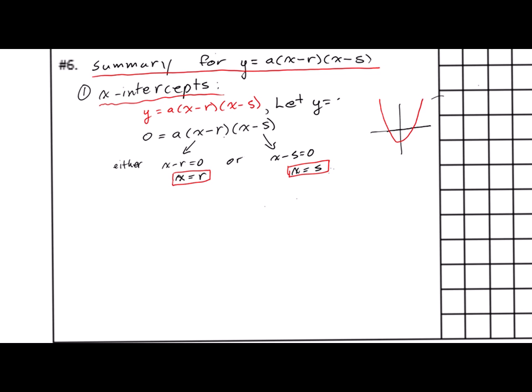Now, if you look to the right, I'm giving you an example in which our parabola opens up, and that's only when our a value, the same value that you had in your vertex form of the parabola, is greater than 0. It still works when we have our r and s. If a was less than 0, it would still pass through those points. That's why I'm showing you that little graph with the vertices on the right side. So there's two possibilities, the red parabola or the other parabola.